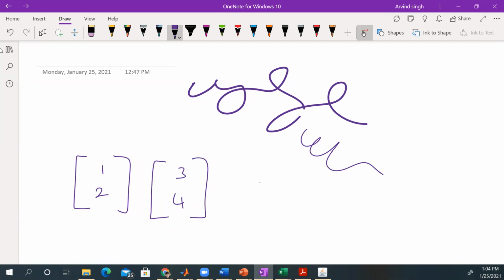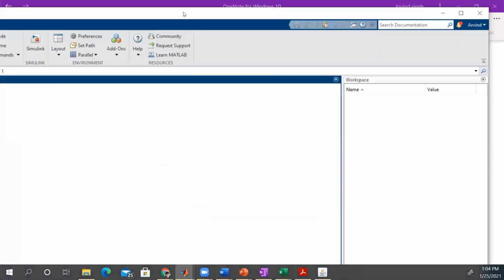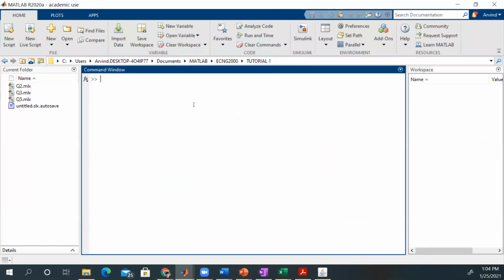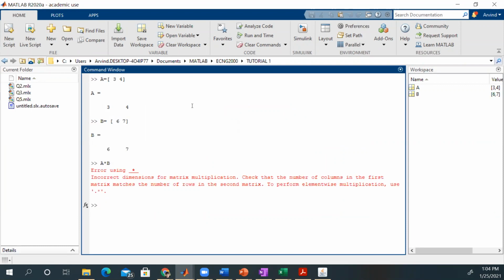Let me pull up MATLAB here. If I define two vectors, A is equal to 3, 4, and B is equal to 6, 7, and I multiply these, you'll see we get an error, because you can't just multiply vectors like that.